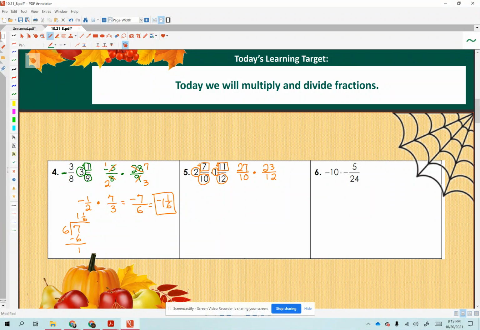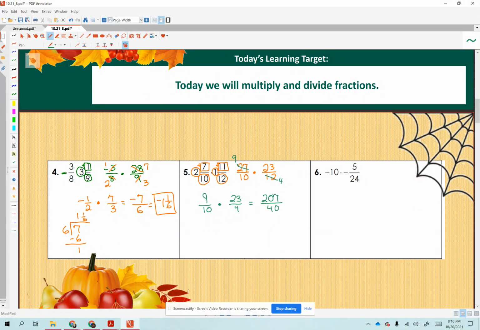So let's simplify. 27 divided by 3 is 9. 12 divided by 3 is 4. So I can rewrite my fraction as 9 tenths times 23 fourths. And you may need to use a calculator today to complete some of these multiplications. We have 9 times 23 is 207, and 10 times 4 is 40. So now we know that's an improper fraction.